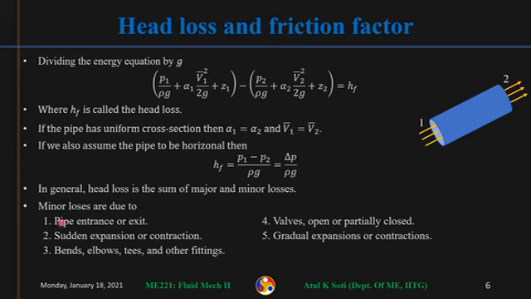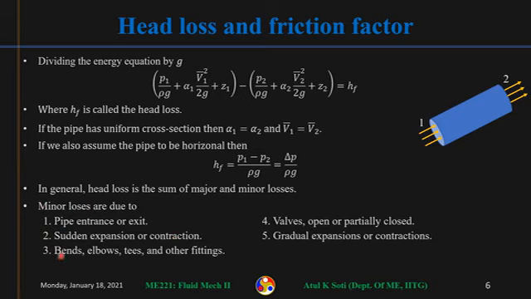That distance is called entrance length, and the losses occurring in that region are considered inside minor losses. Then what if there is a sudden change in the cross section of the pipe, sudden expansion or contraction? That will also lead to some losses, which come in the category of minor losses.